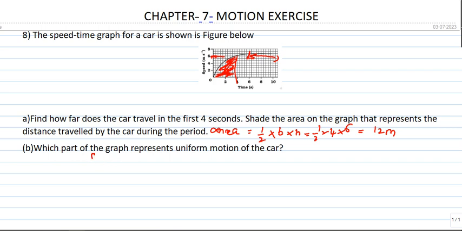So from time 6 seconds to 10 seconds, speed is constant.